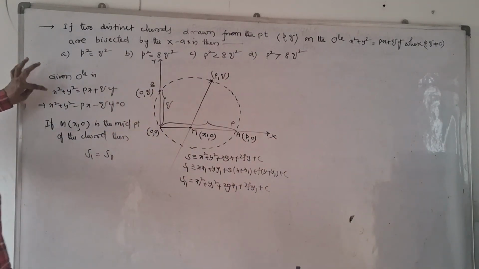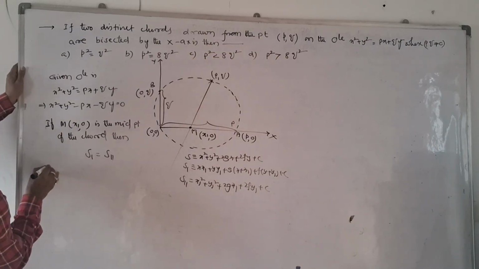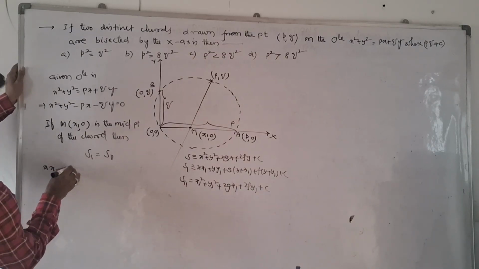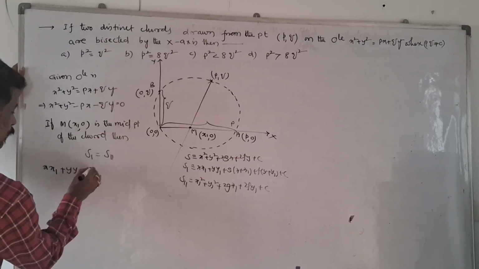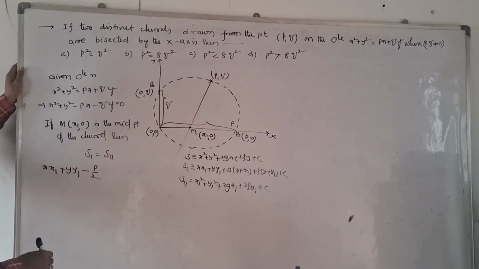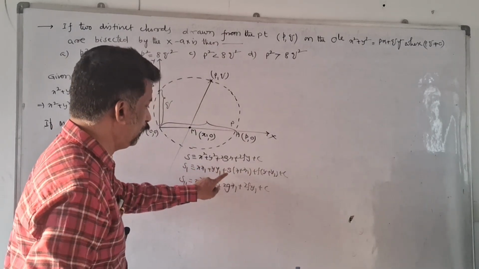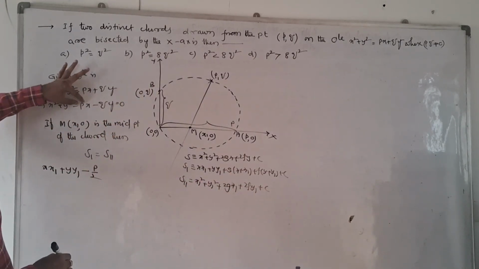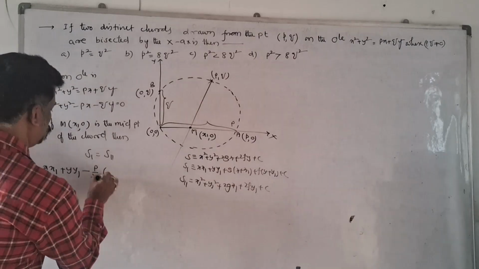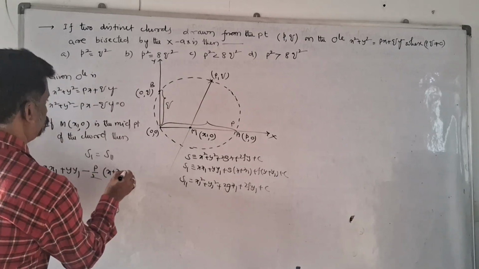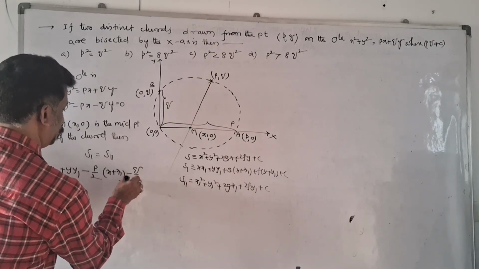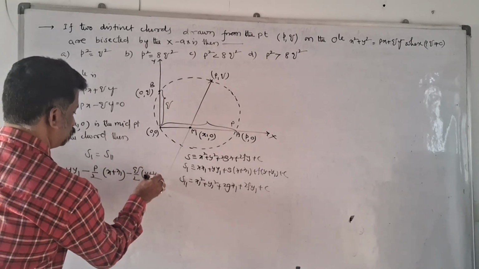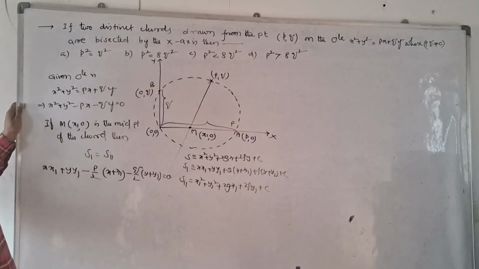Since 2g is equal to minus p, g is equal to minus p by 2, so we get x x1 plus y y1 minus p by 2 into (x plus x1) minus q by 2 into (y plus y1) is equal to 0. Understood?